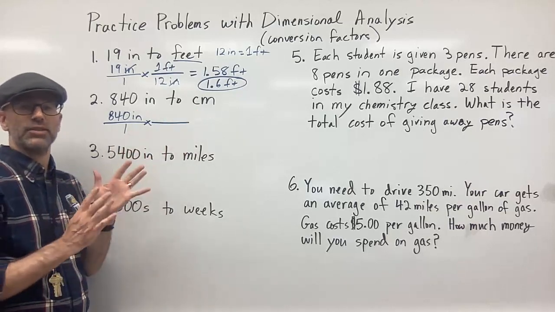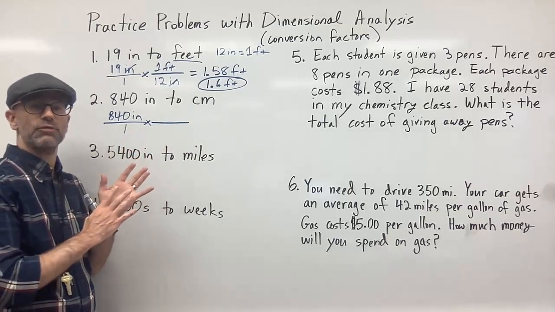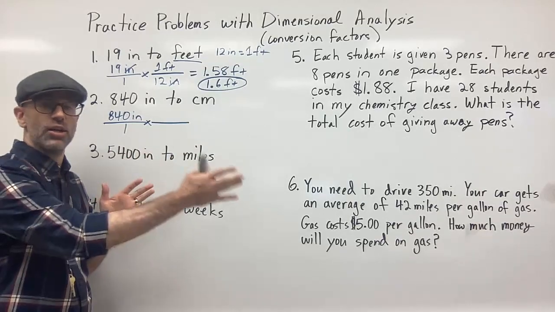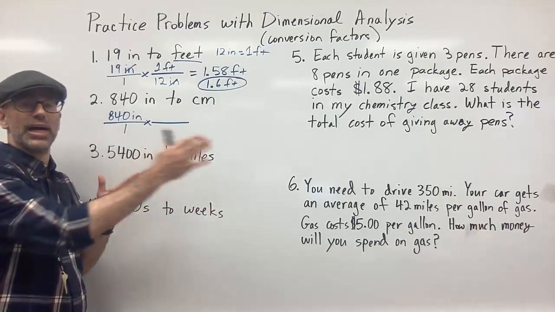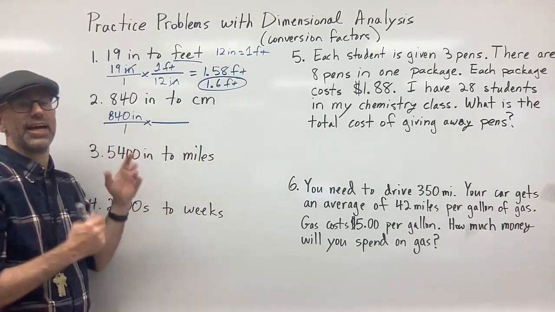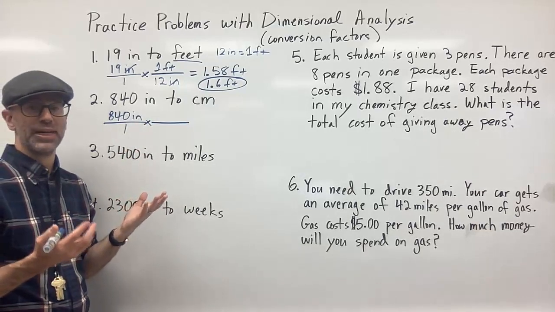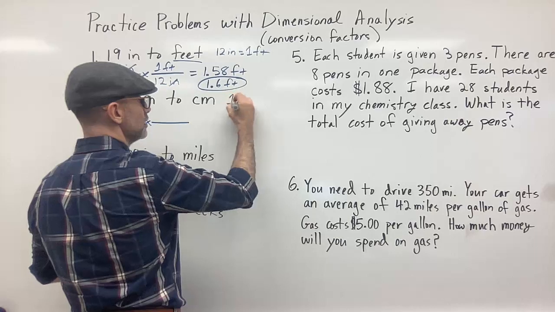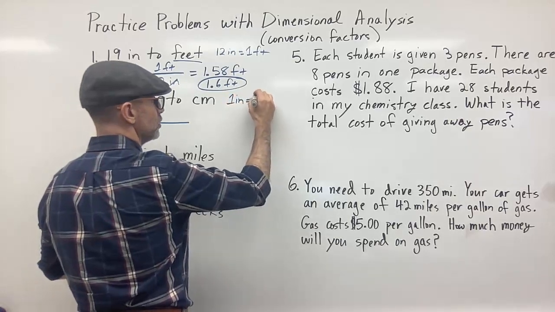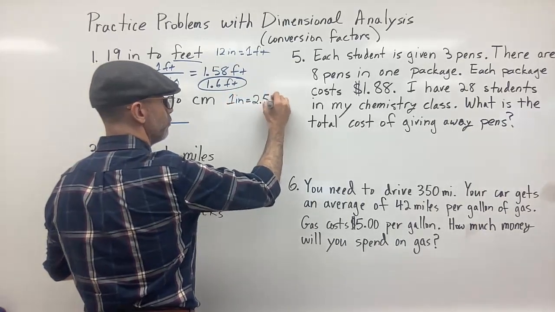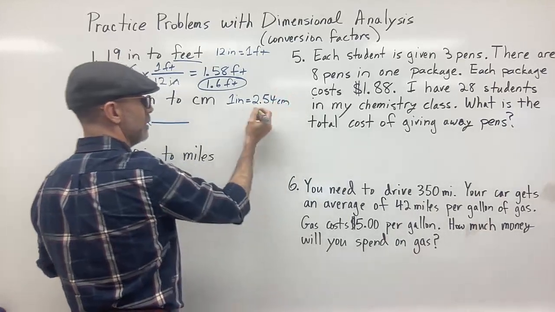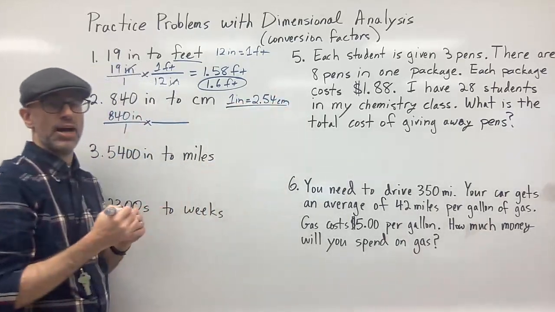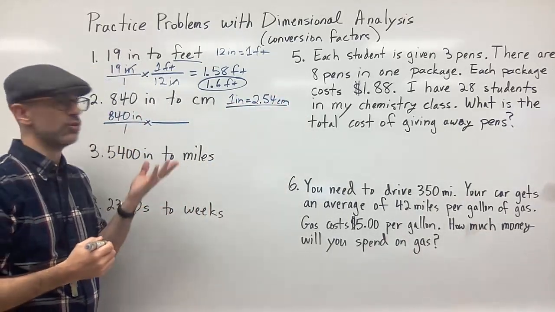If not, then I'm going to have to convert to a different unit until I can get to centimeters. But in this case, we do have a relationship between inches and centimeters. We know that 1 inch is equal to 2.54 centimeters. This is a good one to memorize. This is used a lot.